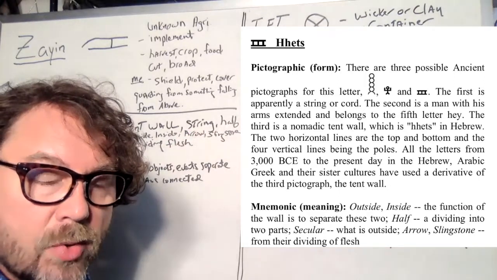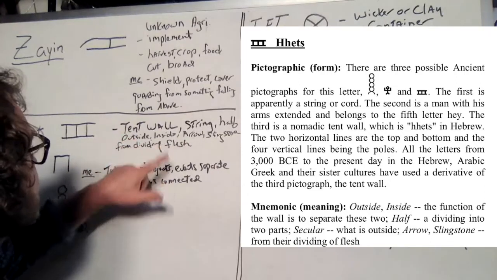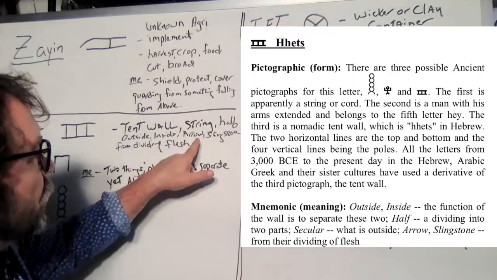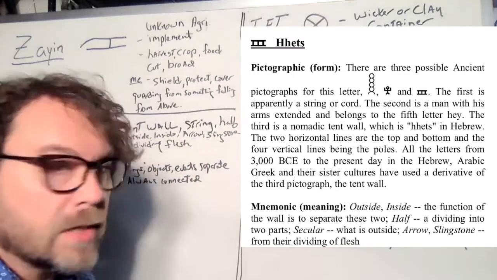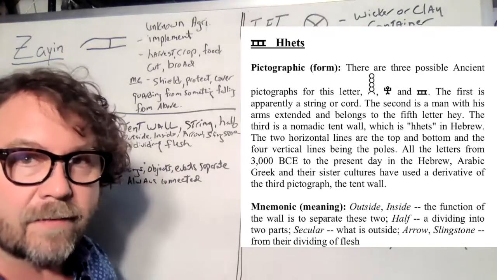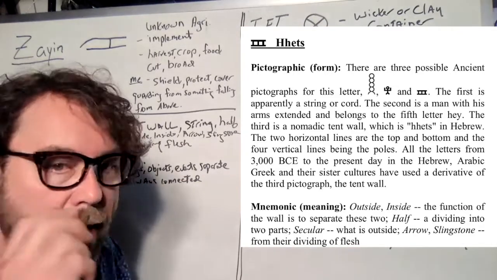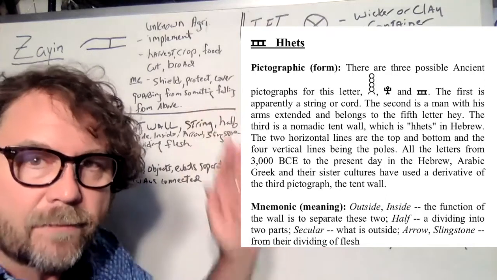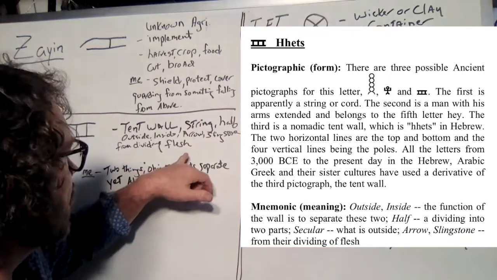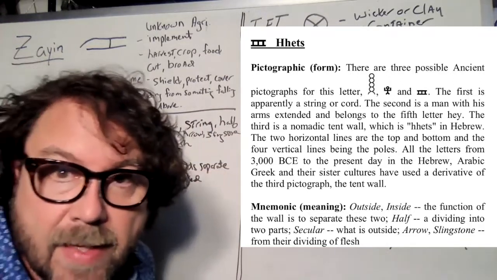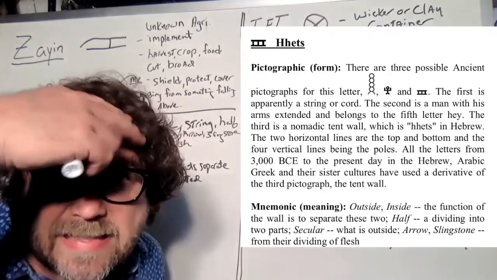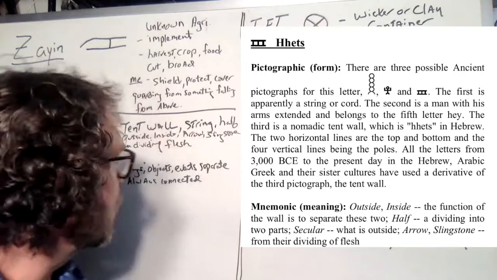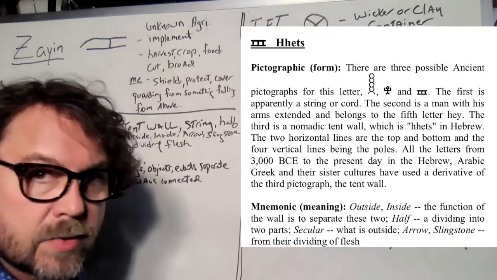There's two equal parts: outside, inside, arrow, sling stone. And the reason these definitions are associated with it is because of dividing of the flesh, whenever an arrow hits an animal, it splits the flesh. Or like David hit Goliath with that stone in the forehead, it split his head. It hit him so hard. So those are those definitions.